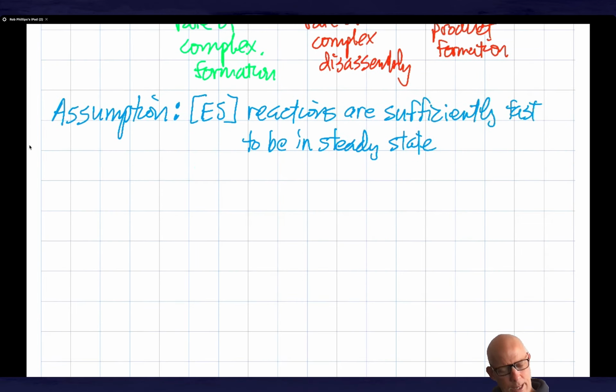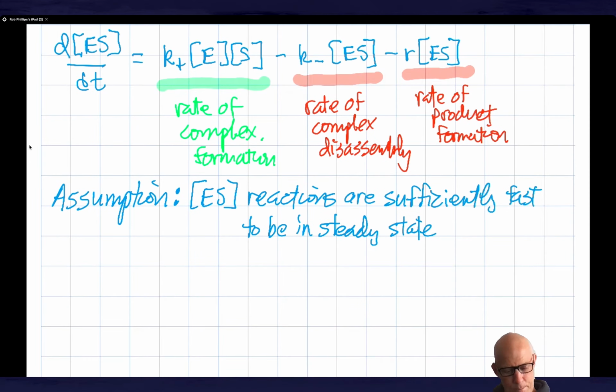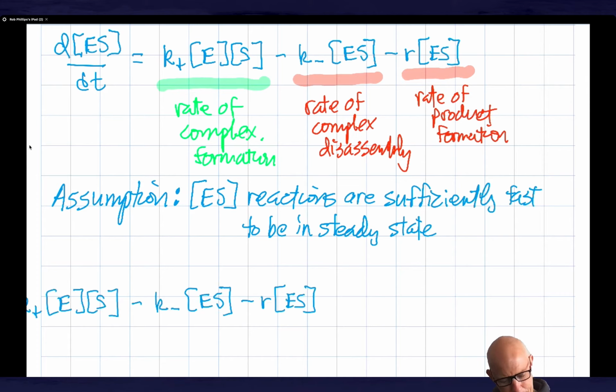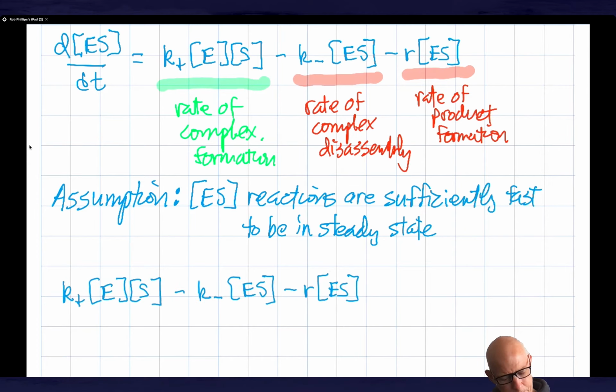If that's the case, then from this equation above, what we have is this whole thing is equal to 0.